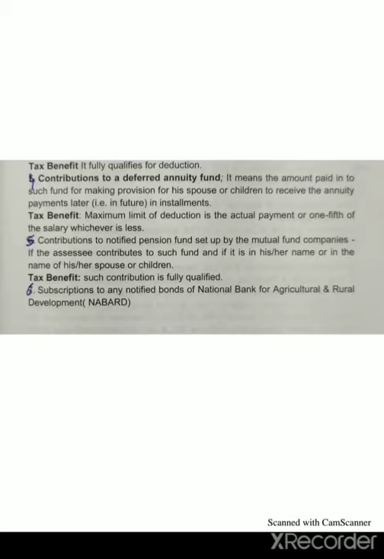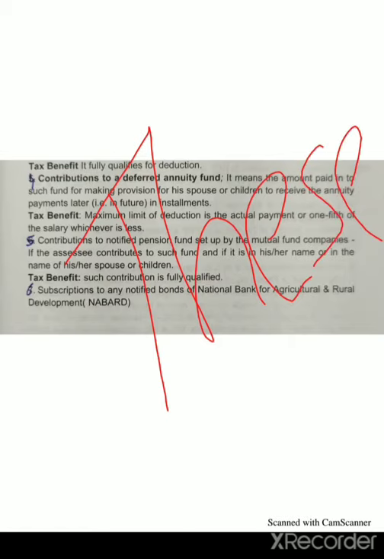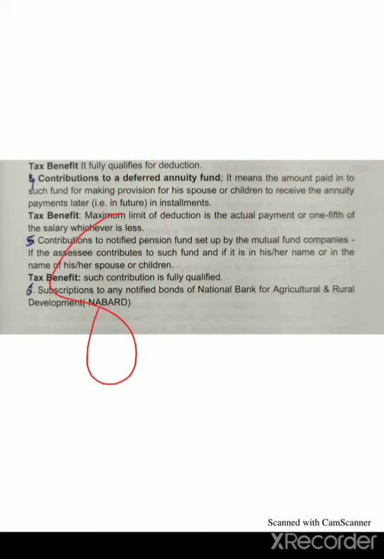Then contributions to a deferred annuity fund, contributions to a notified pension fund, and subscriptions to the notified bonds of the National Bank for Agriculture and Rural Development, NABARD. All these contributions are eligible to claim under Section 80C.